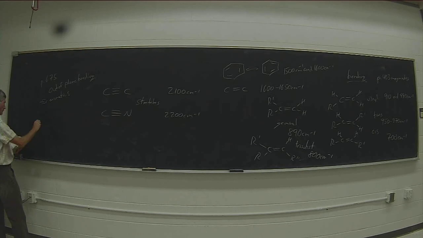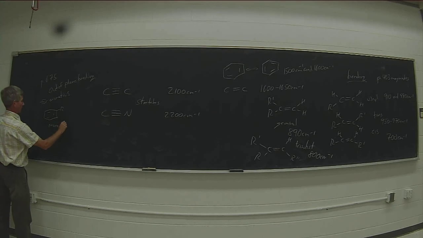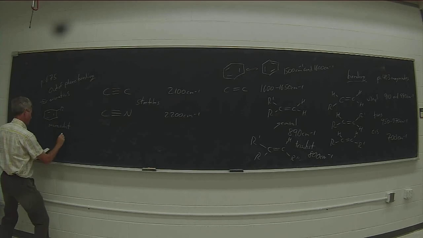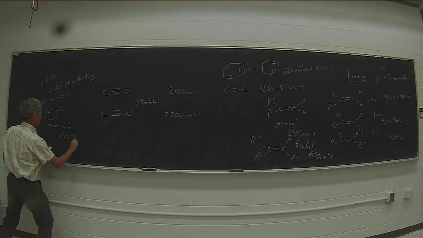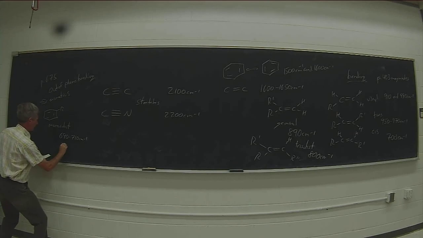And you'll discover that a monosubstituted benzene has two peaks, somewhere between 690 and 710, and then the second peak between about 750 and 770.